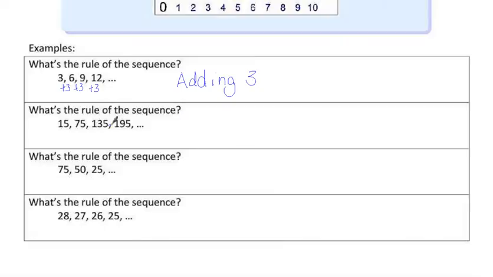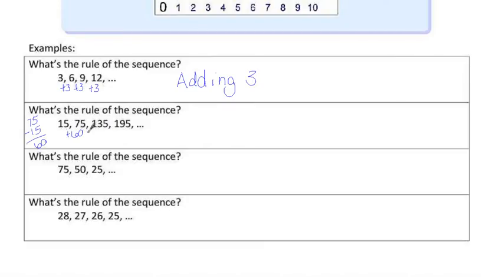For the next one, it says, what is the rule of the sequence? Well, we're getting bigger, so we're going to be adding something or maybe multiplying by something. 15, let's try adding something that gets me to 75. Well, if I do 15 plus 60, that would be 75. Or you could think 75 minus 15, that's how I got to 60.